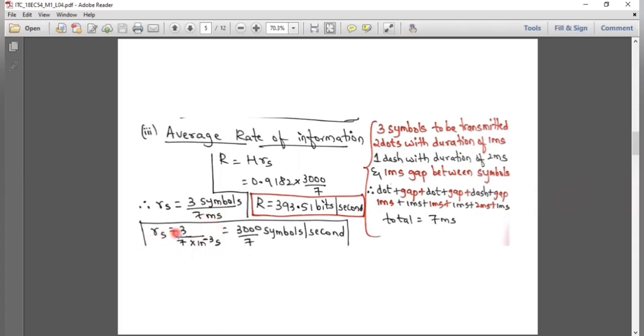Therefore Rs will be 3 divided by 7 into 10 raised to minus 3 seconds, which gives us symbol rate Rs equals 3000 by 7 symbols per second. So multiply symbol rate with entropy, which gives us the information rate as 393.5 bits per second.